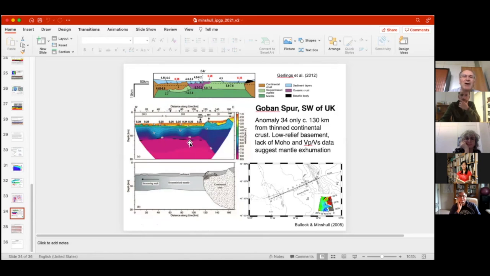I think those black lines are where we saw reflectors. That boundary is between velocities that are above 7 above it and just a little bit higher below it. So there's not a big velocity contrast. So I think we don't know much about that boundary.